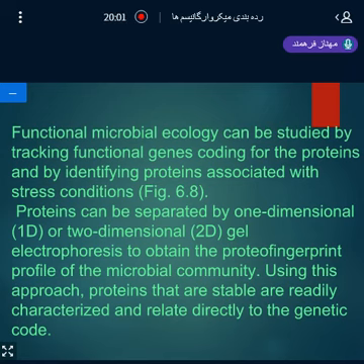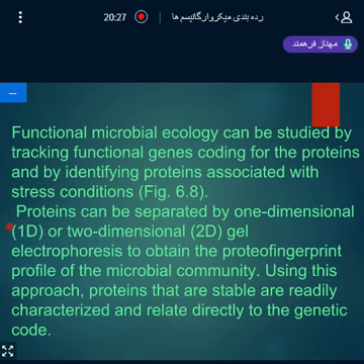Many kinds of stress conditions are present in the natural community of bacteria, in the natural world. So we can study functional microbial ecology by this method.